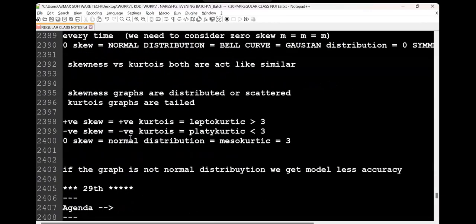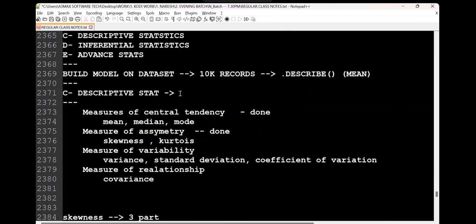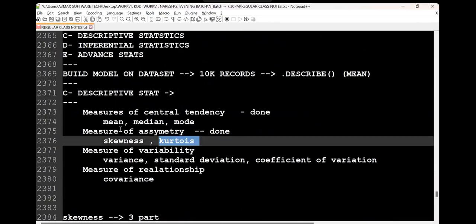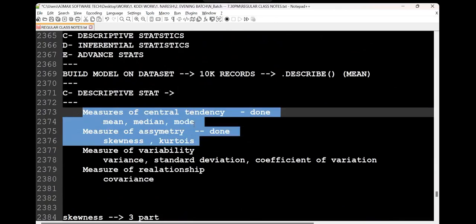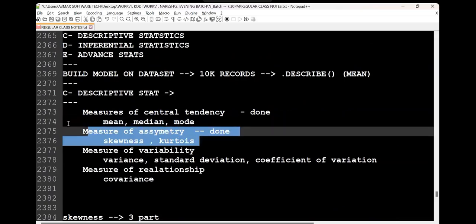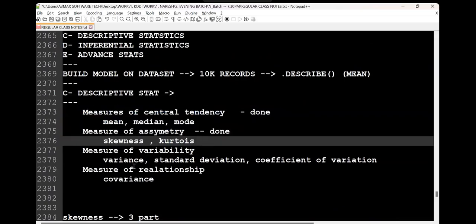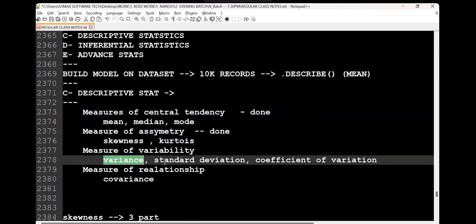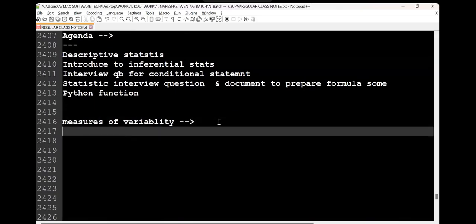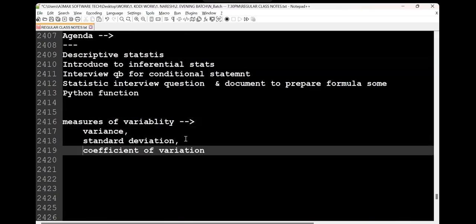Yesterday we completed three parts of descriptive statistics. Today, we complete variance, standard deviation, and coefficient of variation. The first one, variance. Second is standard deviation. Third is coefficient of variation.